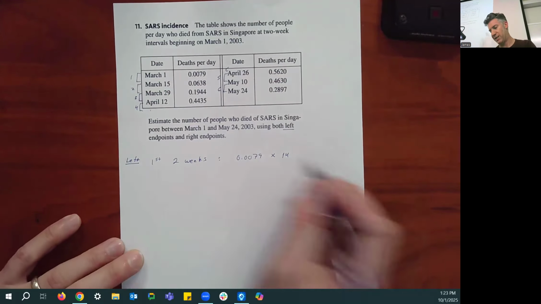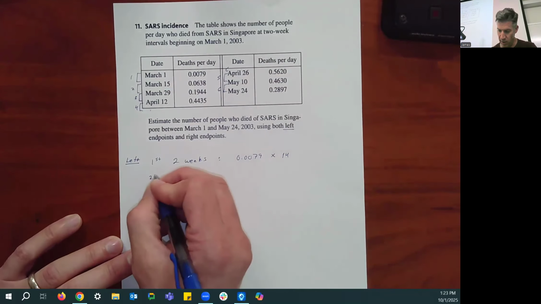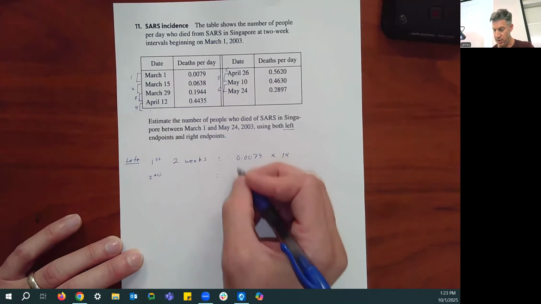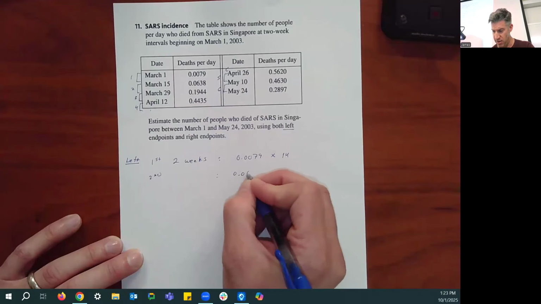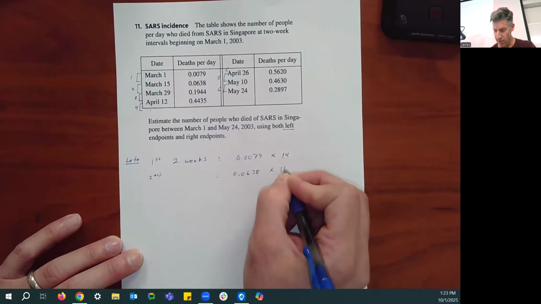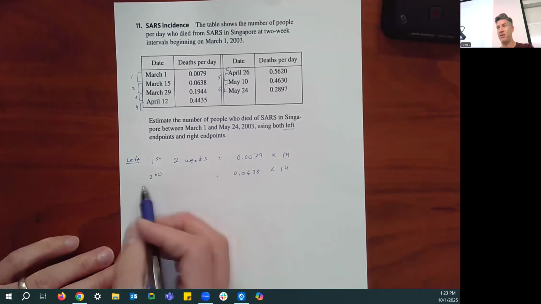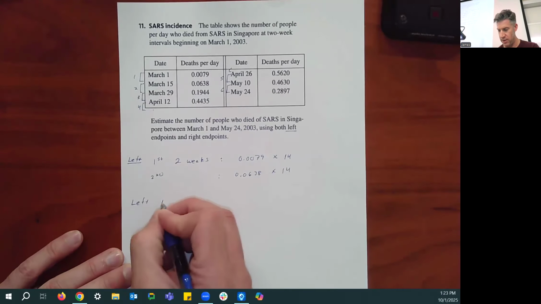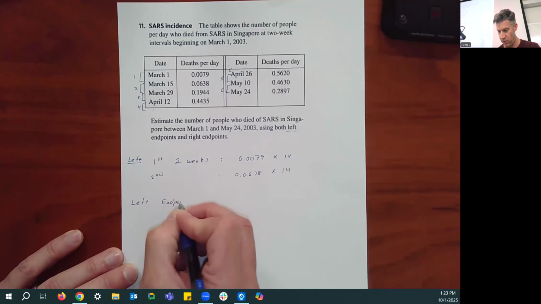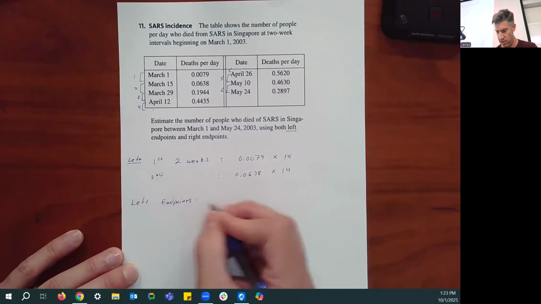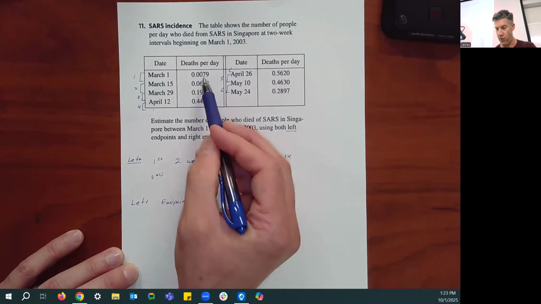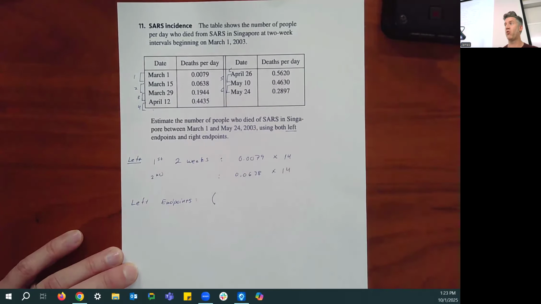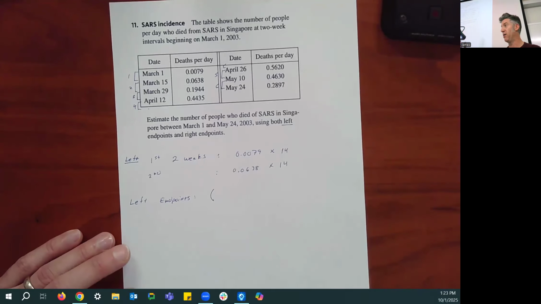So it's going to look the same, right? The second 2-week interval, we're using the left endpoint, so it's going to be 0.0638 times 14. I don't think we need to write all this every time. Essentially, using left endpoints, our estimate for the total number of deaths is going to be the first 6 deaths per day values multiplied by 14.